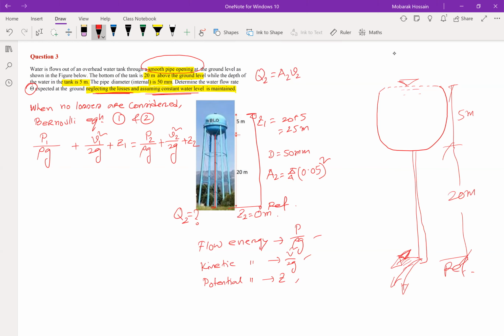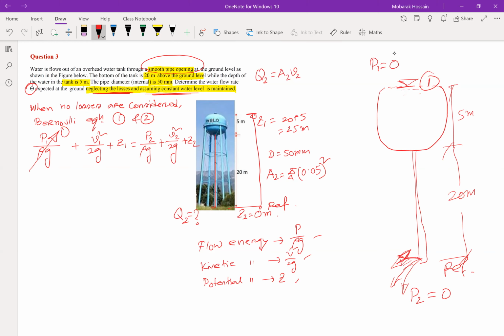Now at location 1, your pressure will be 0 because of the free surface. So here P1 will be 0, and P2 here is also 0 because your water discharges to the air, the opening is here.